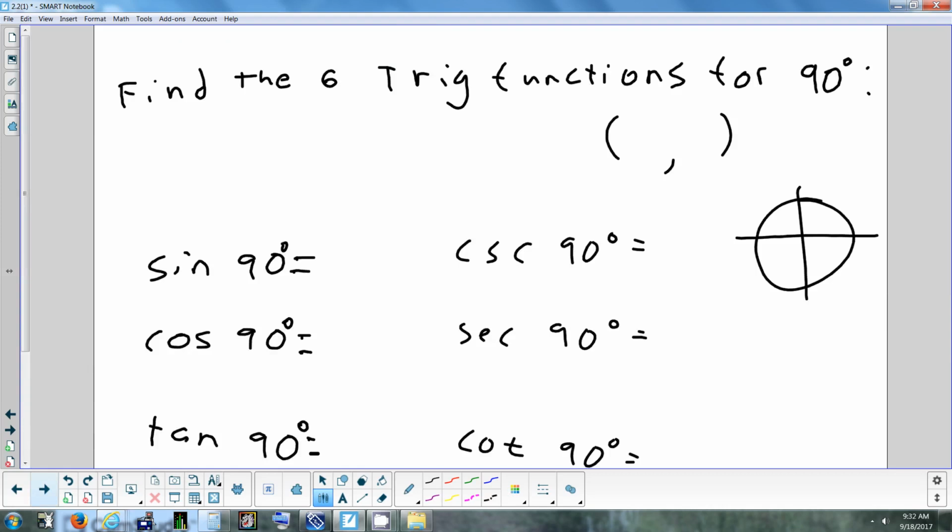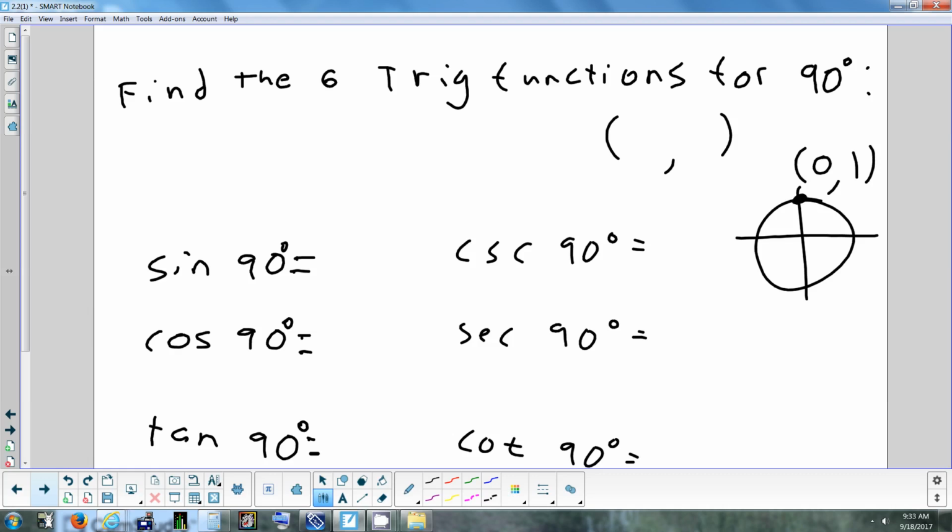So if I draw my unit circle, Mason, where is 90 degrees on this circle? It's at the top. And do you remember the coordinates for the point that's at the top of the circle? 0, 1.